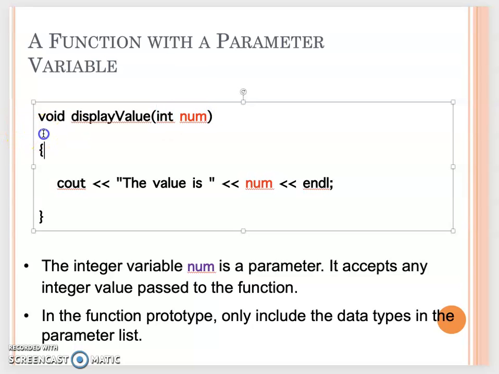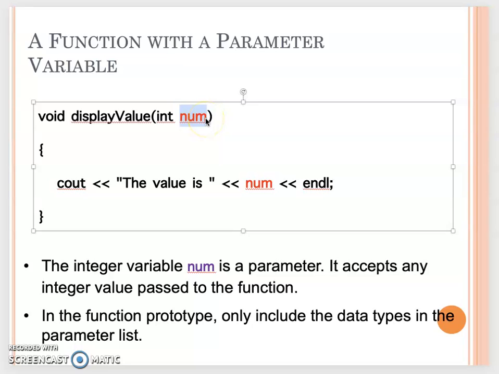When you define the function, in your parameter list you need to specify the data type and the variable name. This variable name is how we use it in the function. In this example, we only have one variable.